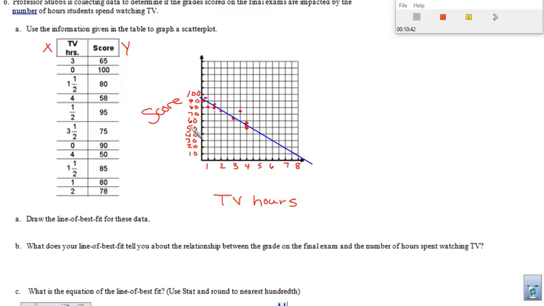And then I just went by tens here to fulfill my range for the score. And then I just went by ones, but I skipped a line so that I could do the half hours in between on the lines in between. So right here would be 1.5. And 2.5, etc.